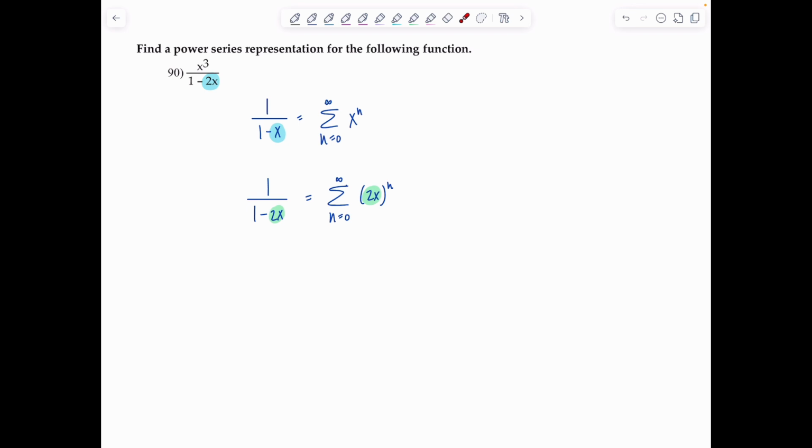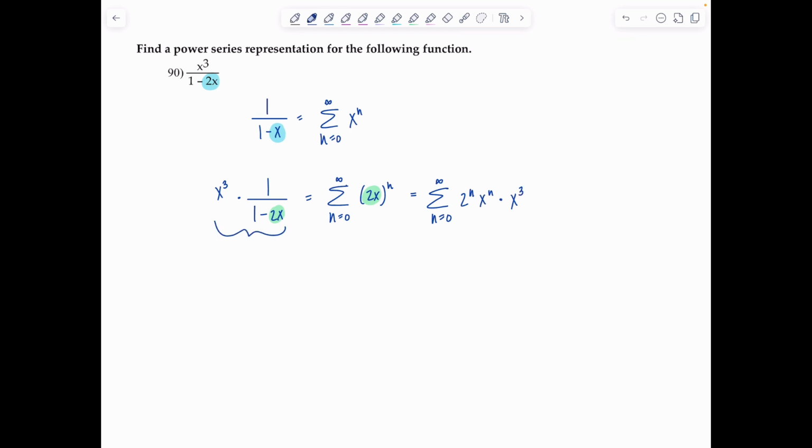Now, you don't ever leave it like that. You want to get x to the something all by itself. So you're going to distribute that exponent, write this as the sum, n equals 0 to infinity, 2 to the n, x to the n, like that. And then now we're almost done. The only thing that's missing is this function has an x cubed up top. So I'm going to multiply by x cubed up top, multiply by x cubed here.